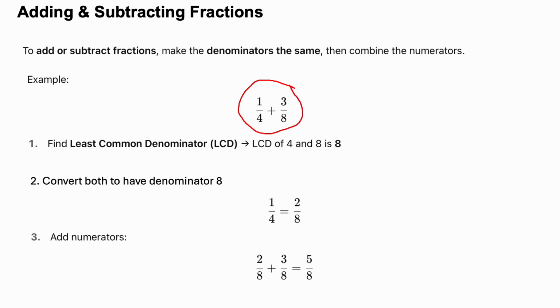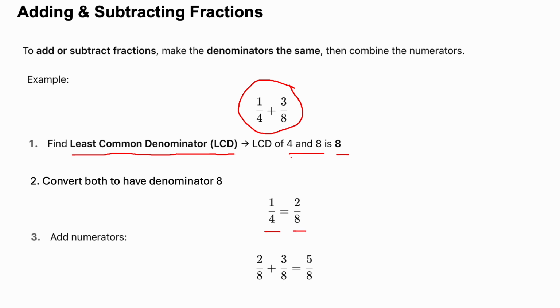So in the first step, what you should do is find the least common denominator, LCD. LCD of 4 and 8 is 8. In the second step, convert both fractions so they have a denominator of 8. So 1 by 4 should be written as 2 by 8.